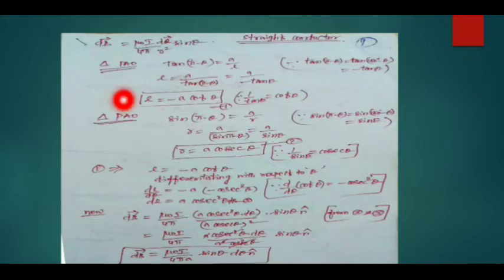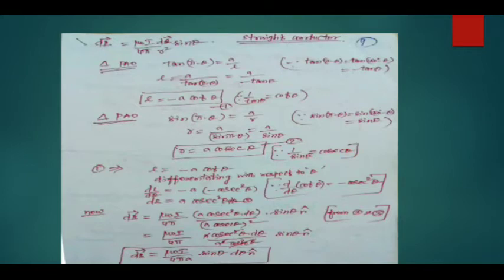The same way, if you go to that second triangle, I already said PAO. From the PAO, sine(pi minus theta), 180 minus theta, is equal to A by R. Now, sine 180 minus theta is equal to sine theta.